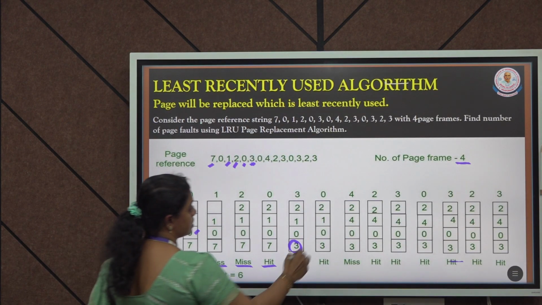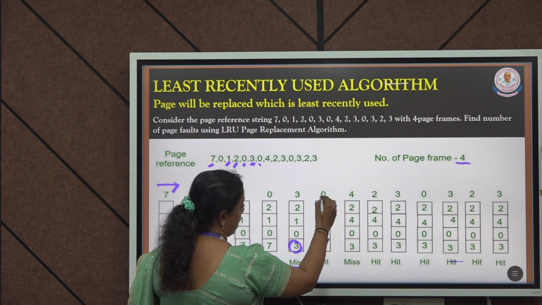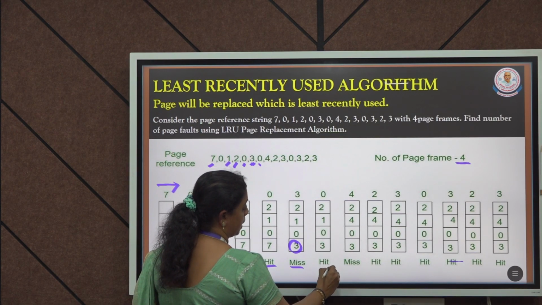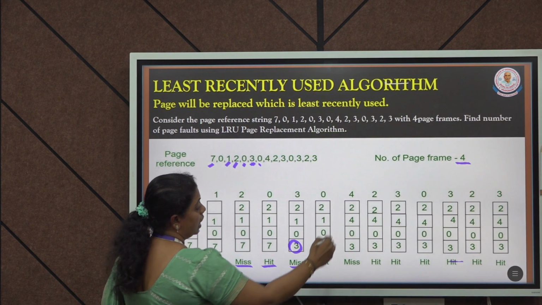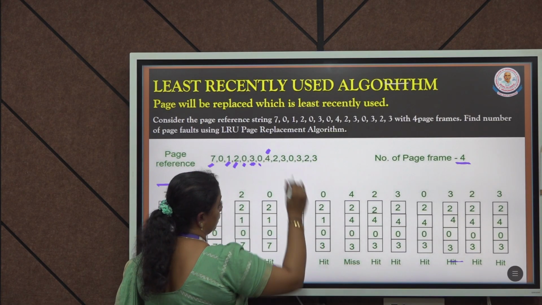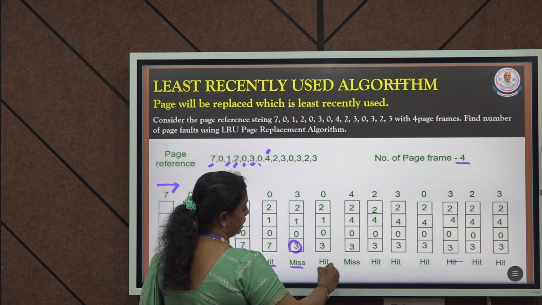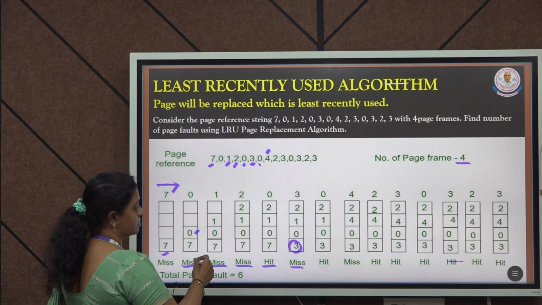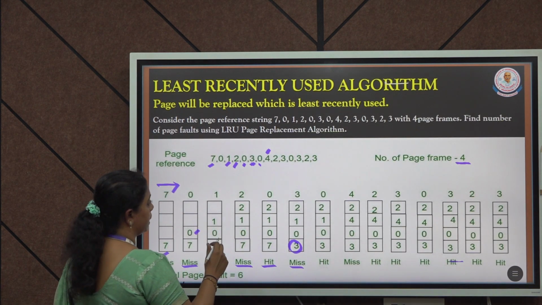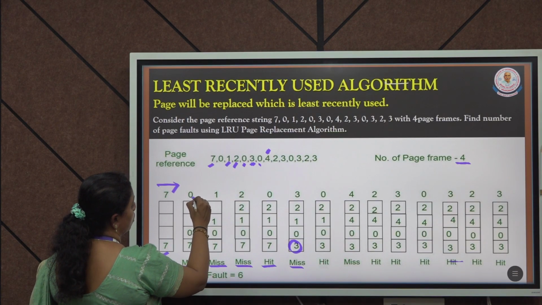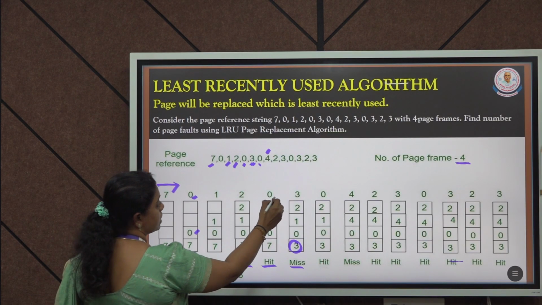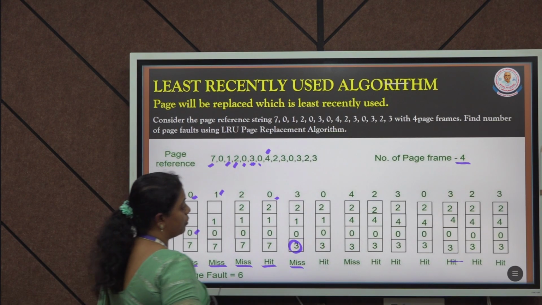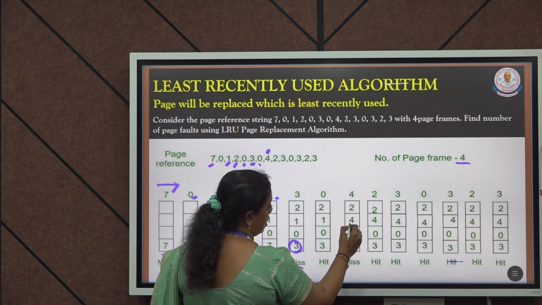So the next one is 0. 0 is already present in the frame, so no need to replace, it is considered a page hit. And the next one is 4. So 4 is not present in this frame, so I am going to replace the string that is least recently used. See here 0, we won't take 0, 0 is already used, right? So the next one is 1, instead of 1 I am going to replace with 4.